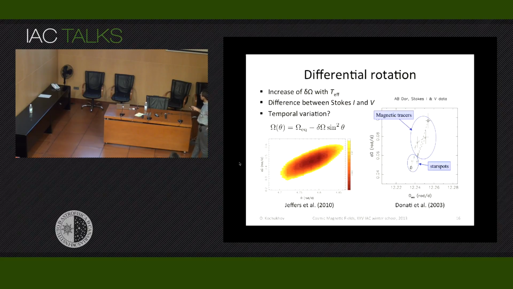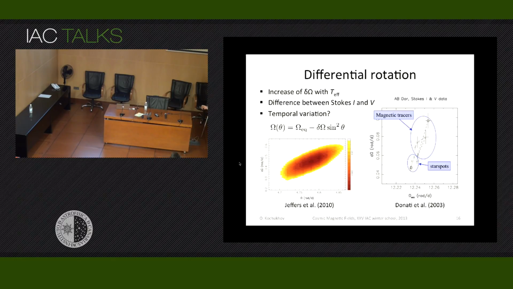This is an example of such a determination. Differential rotation is parameterized this way, inspired by the Sun: we have the equatorial rotation rate, and delta omega, the difference in rotation rate between equator and pole, times sine squared of latitude.